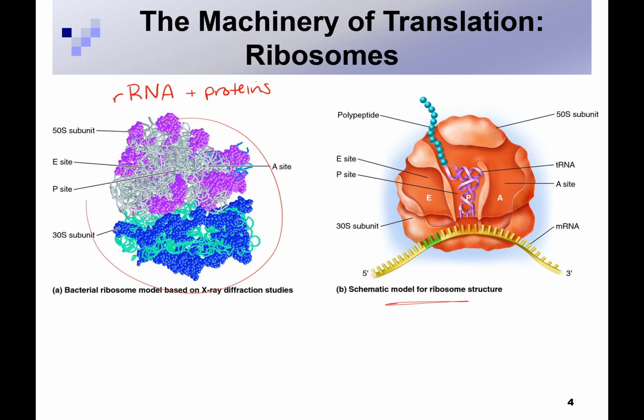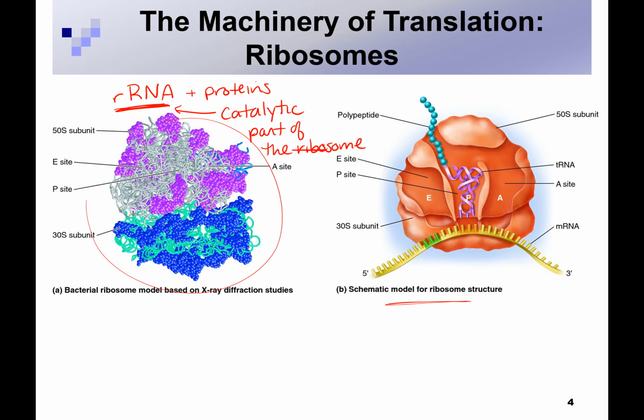Here's a little bit easier schematic version, lets you see it a little bit better. One thing I want you to know is that the ribosomal RNA is the catalytic part of the ribosome.